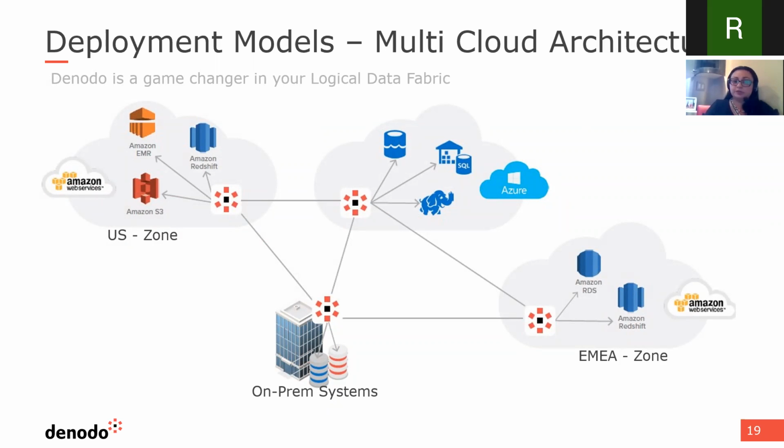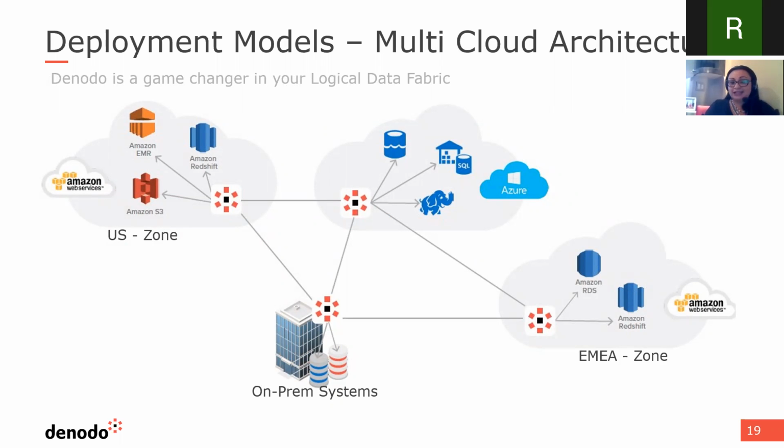And sometimes it's going to take longer if you're going to have a system in the United States connecting to some EMEA system. Sometimes it's going to be more robust and you're going to have a shorter latency. So a common architecture that we see is, let's place Denodo close to the data. And this is the best practice.